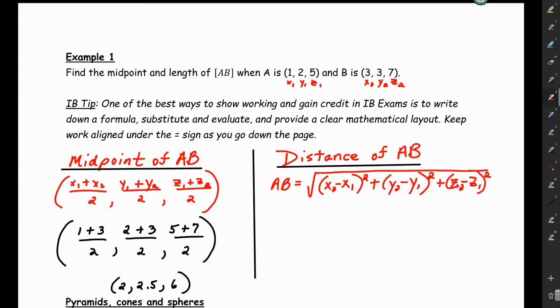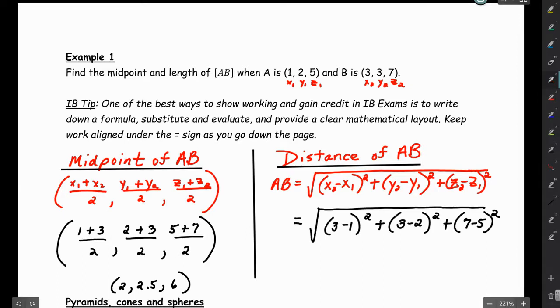You'll gain some credit for doing that. All right, so let's fill in the formula, and we'll simplify. And our final answer will be 3.